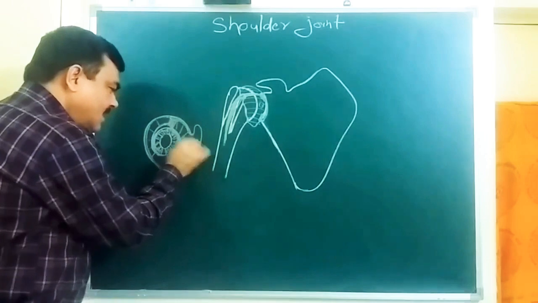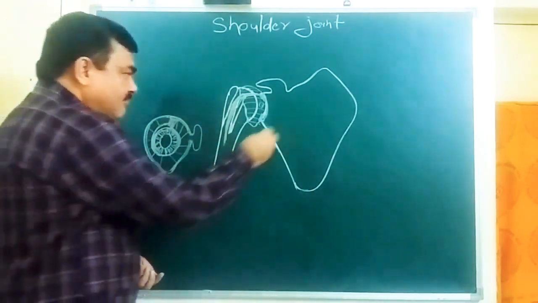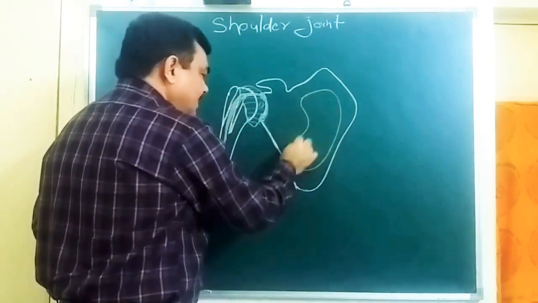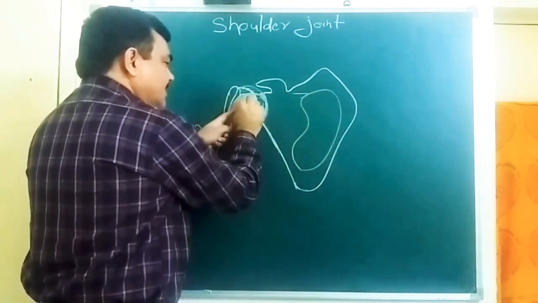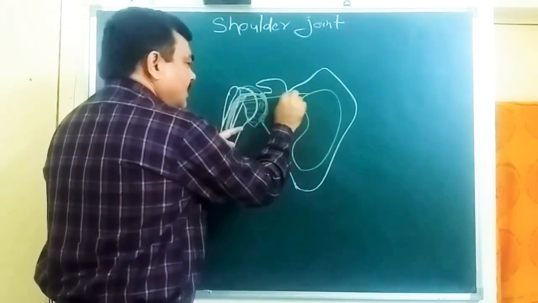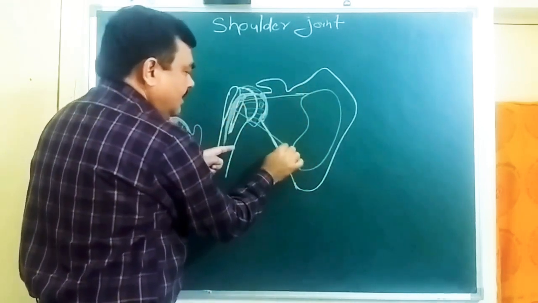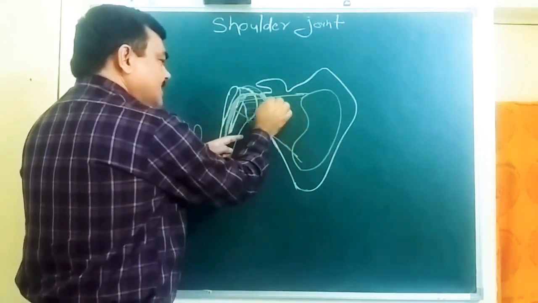Here is a bursa known as subscapular bursa. Here subscapularis muscle is attached. This is subscapularis muscle, and it is attached to this lesser tubercle. And here, bursa is present.